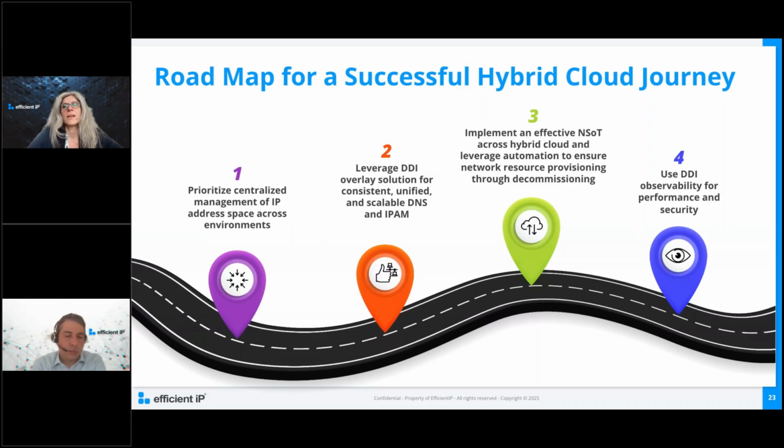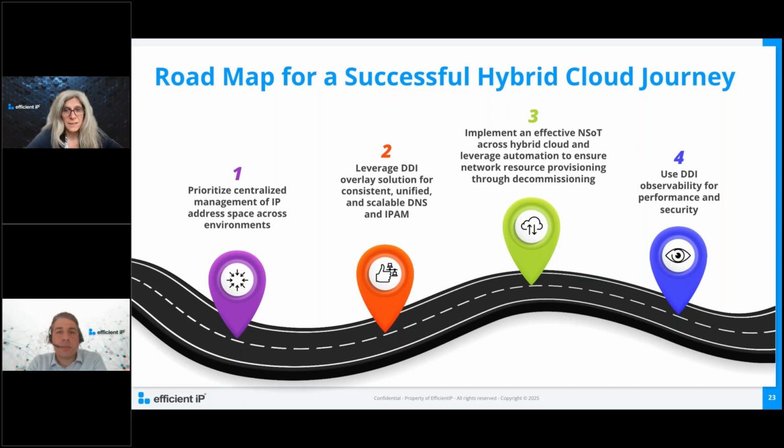Third, implement and start feeding a reliable network source of truth. This gives you a single authoritative reference for network resources across hybrid environments. When combined with automation, it ensures seamless provisioning, updates, and decommissioning of resources, saving time and reducing errors. And finally, use observability through DDI observability and DNS analytics, as we've seen, to monitor the overall network performance and reinforce your security.